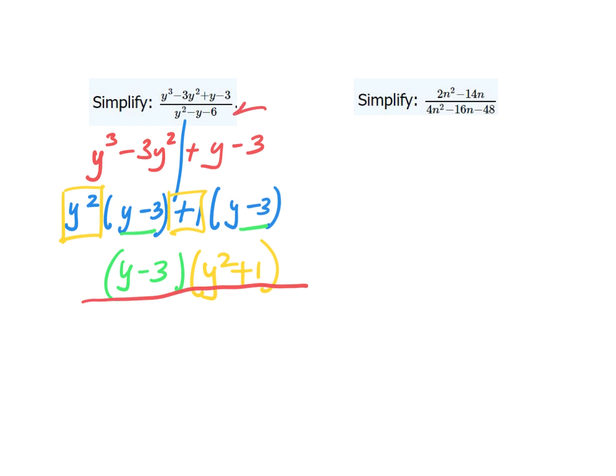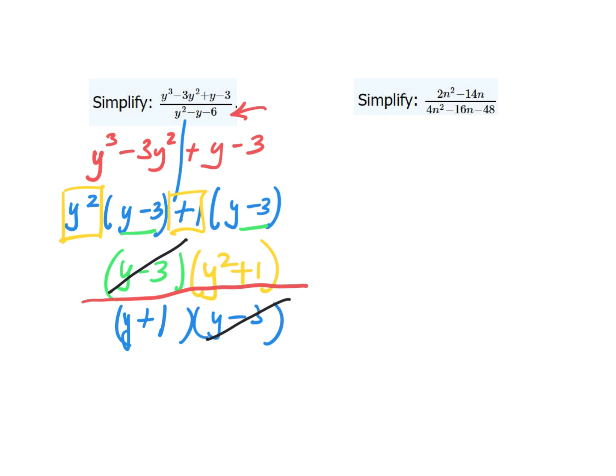And then our denominator here was a trinomial that's going to factor pretty easy. Two numbers that multiply to negative 6. So I will need 1 positive and 1 negative, and that are going to add to a negative 1. So that is going to give me a negative 3 and a positive 1. I'm then going to be able to see that the expression y minus 3 will cancel with the expression y minus 3.